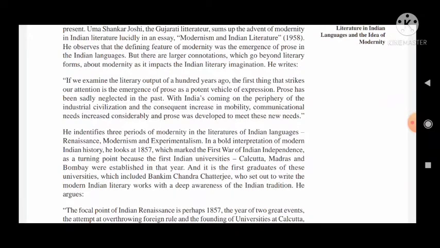He writes, if we examine the literary output of 100 years ago, the first thing that strikes our attention is the emergence of prose as a potent vehicle of expression.